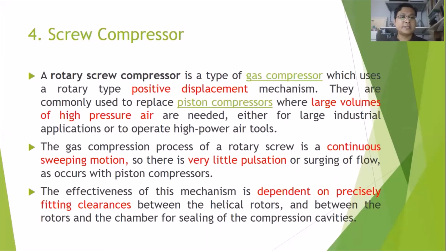The gas compression process of a rotary screw is a continuous sweeping motion, so there is very little pulsation or surging of flow, as occurs with the piston compressor. The effectiveness of this mechanism depends on the precisely fitting clearance between the helical rotors, and between the rotors and the chamber sealing the compression cavities.